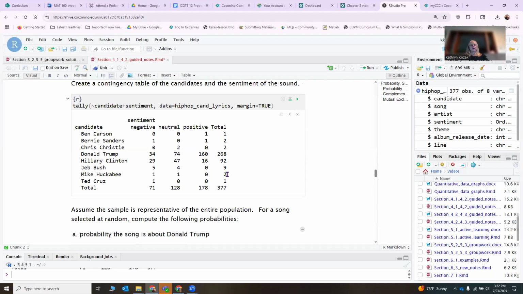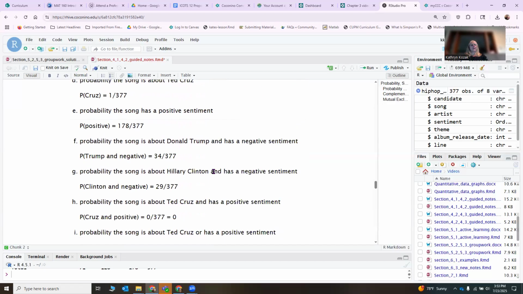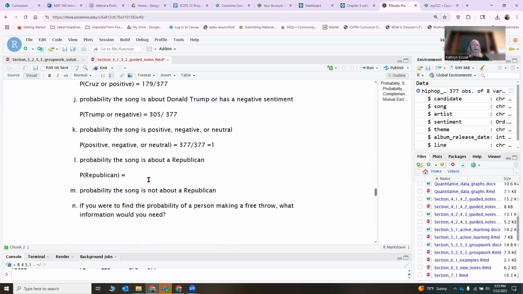So we're going to add 1 plus 9 is 10, plus 2 is 12, plus 268 is 280, 292, 294, 295. So we get 295 out of the 377.